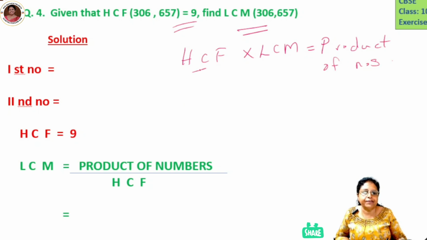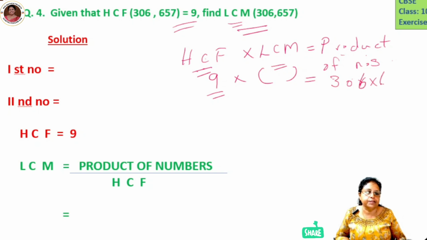So here HCF is already given. You can substitute that value 9 and we have to find the LCM, and you have to find the product of these numbers. That means 306 times 657. Then the only unknown is LCM, so you can find that out.